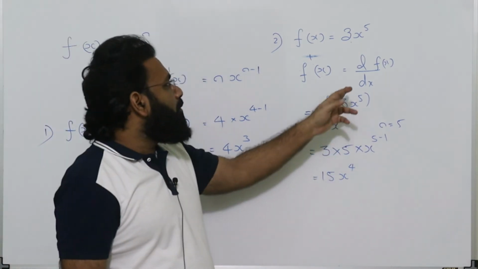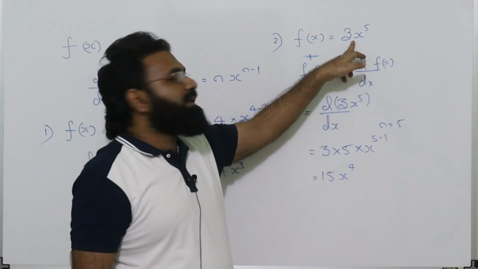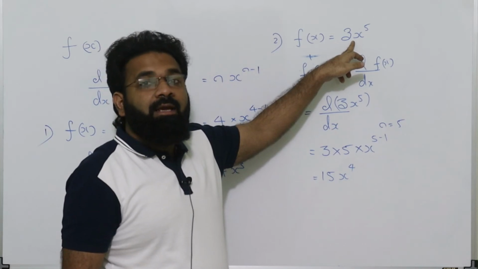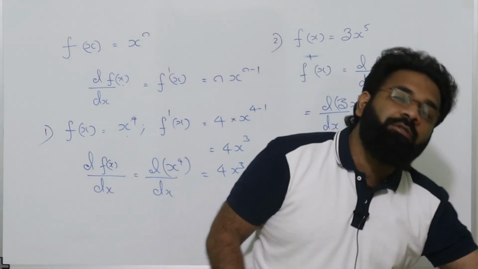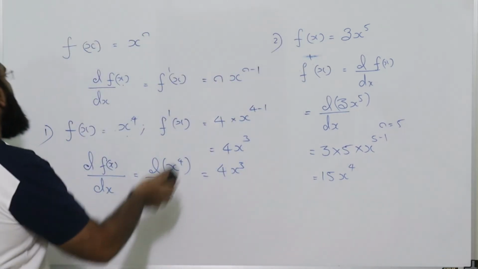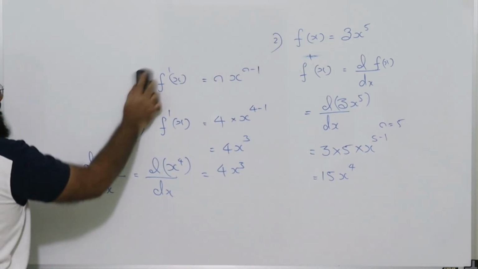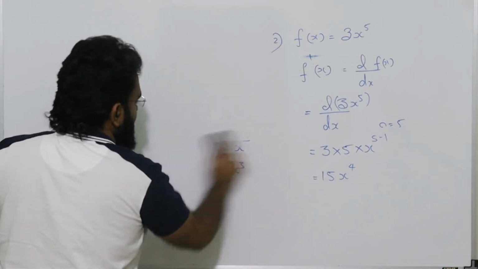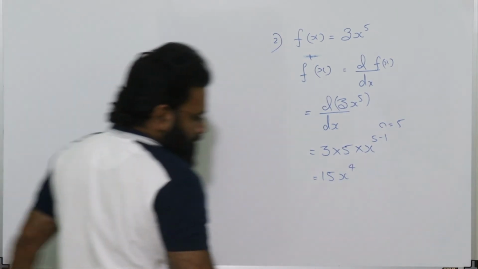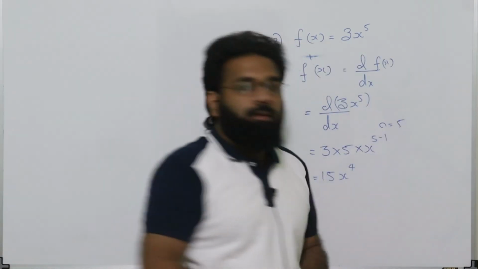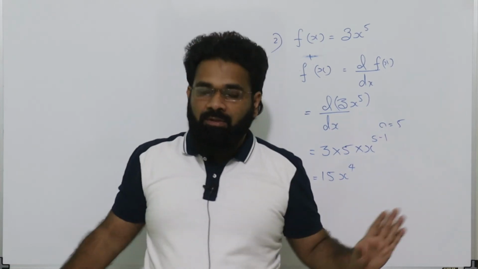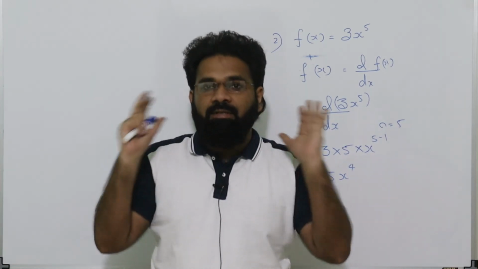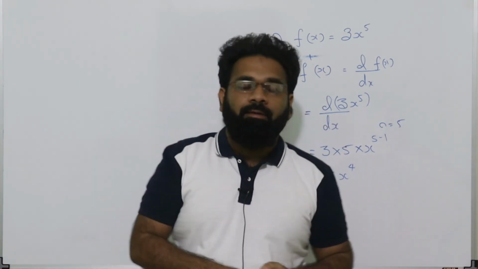So here what are we doing? We got 3x raised to 5. 3x raised to 5 means it is not a straight line. How is the appearance of x raised to 5? This video, if you want, you watch 3 or 4 times, nothing wrong, till these mathematical things go into your head.